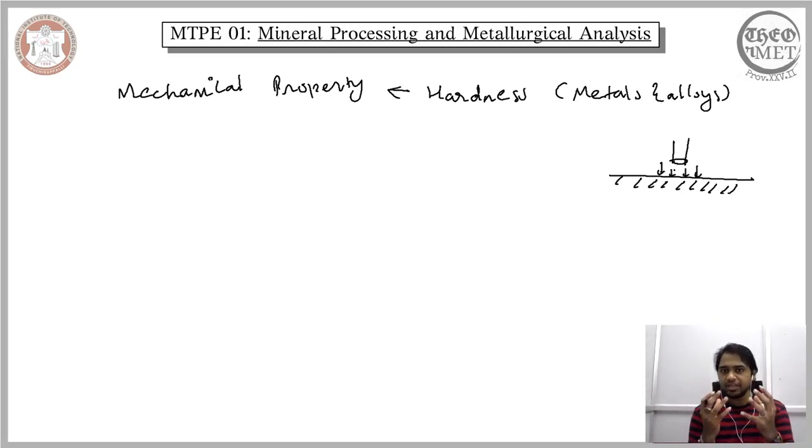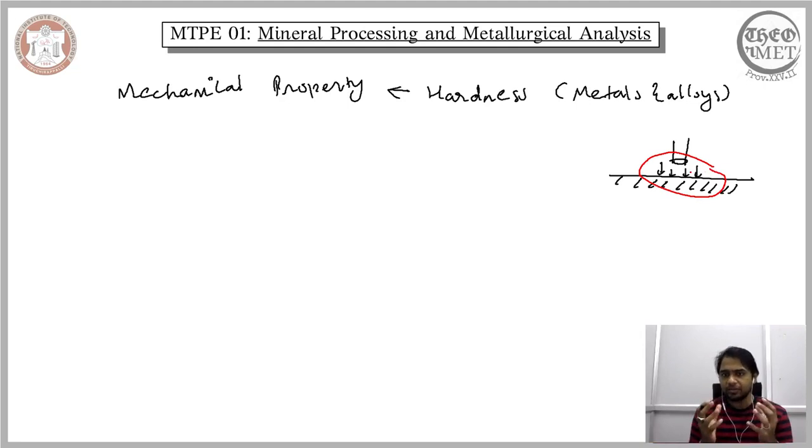Essentially, hardness is nothing but the resistance offered by a material to the local deformation that you are attempting. Even though you have a large material, you are trying to locally deform it in this region, and the resistance offered by the material is what we refer to as the hardness.